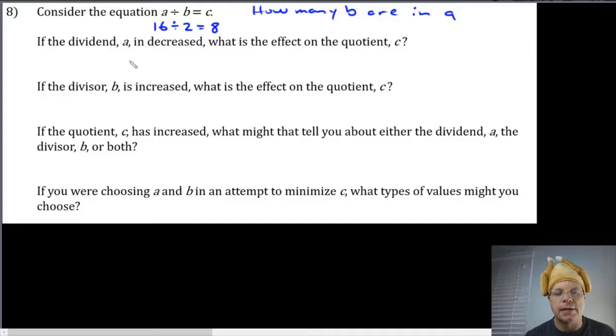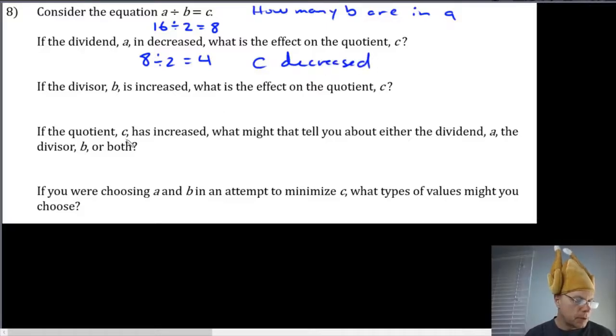The dividend A is decreased, so instead of 16, let's make A 8. 8 divided by 2 is 4. So yes, C would be decreased. So if A decreases, C decreases. If the divisor B is increased, what is the effect on the quotient C?